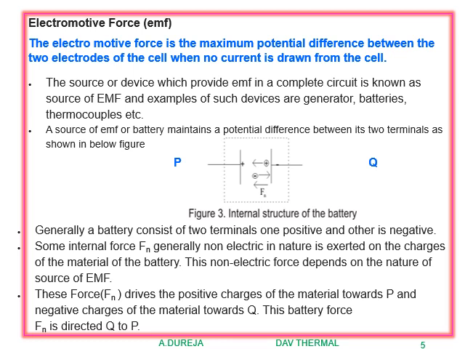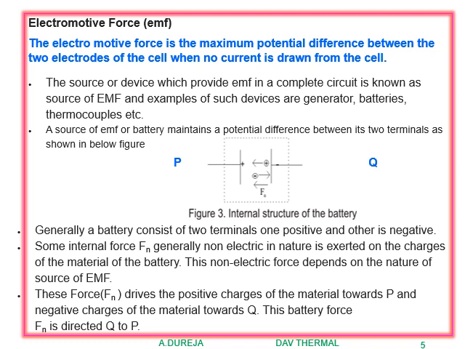Due to certain chemical reactions, a force is exerted on the charges of the electrolyte. This force drives positive charges towards terminal P and negative charges towards terminal Q. Suppose the force on a positive charge q is Fn.